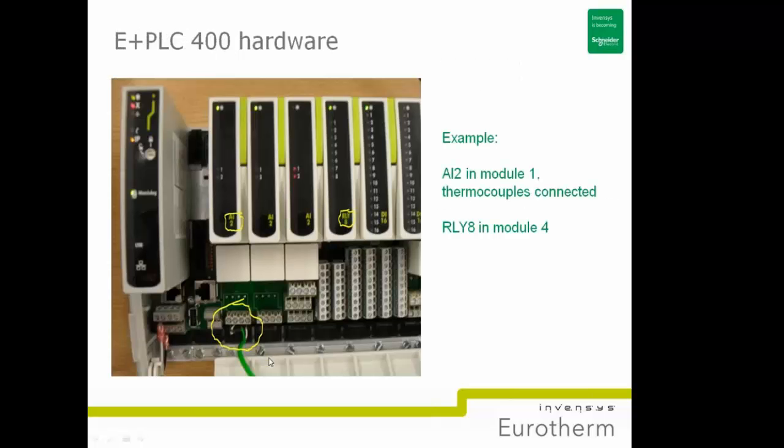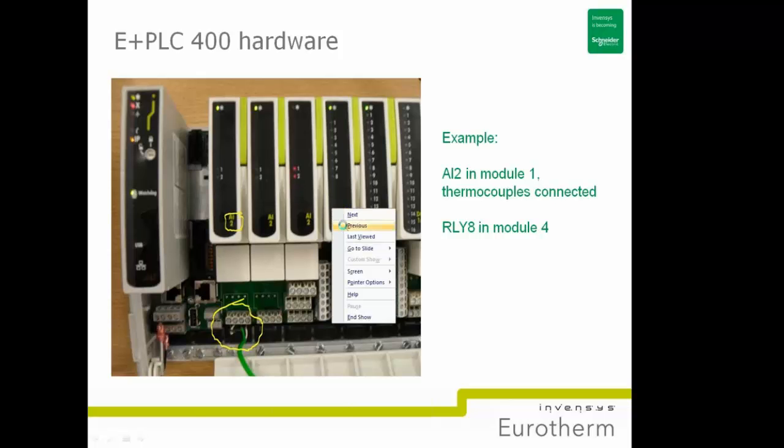So what about the hardware? Well, in front of me I have an E+PLC400. There's the processor. In module 1 I have an analog input 2 channel with a thermocouple terminating unit, and I've wired in two thermocouples, channel 1 here and channel 2 here, and in module 4 I have a relay 8.